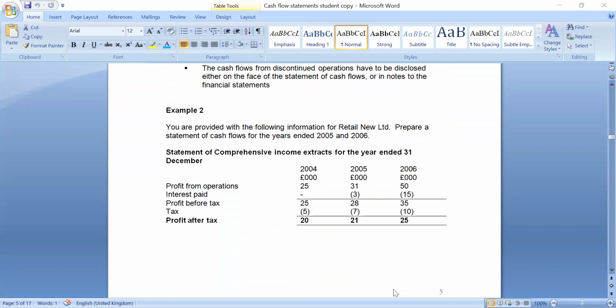So you've been given the two statements and you've been asked to prepare. What we did, we started with profit from operations before tax. We put in the figures given in the income statement, which is the profit from operations. So we picked the figures from there, and then depreciation normally is a non-cash expense.